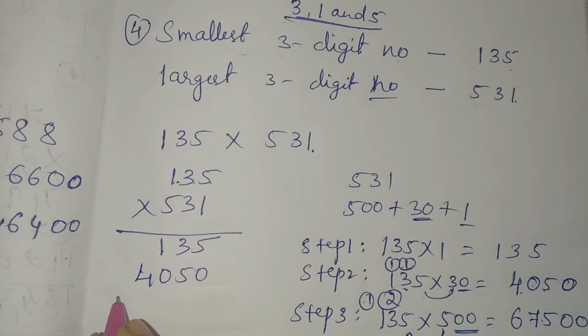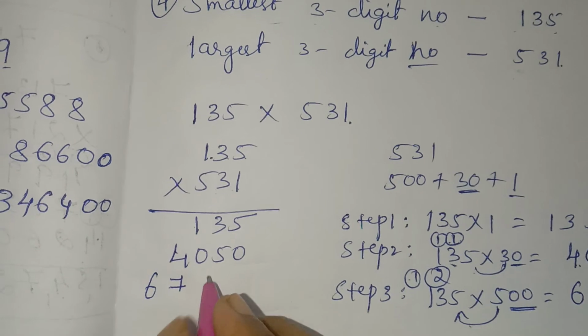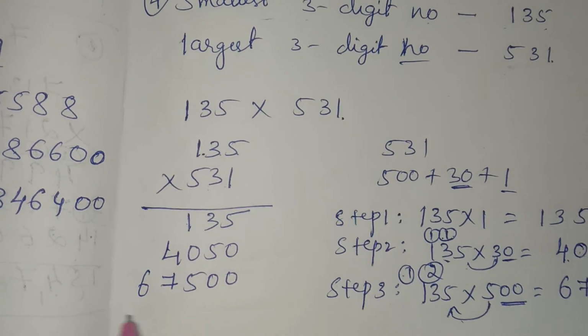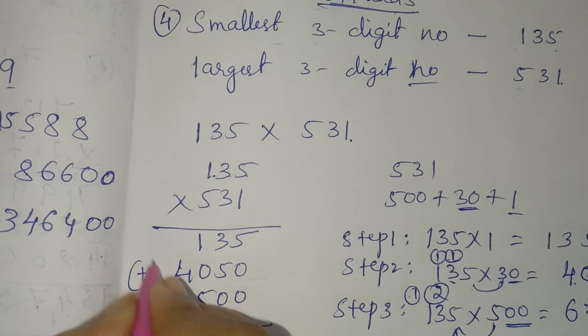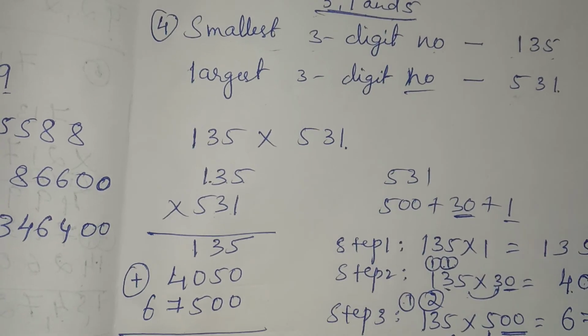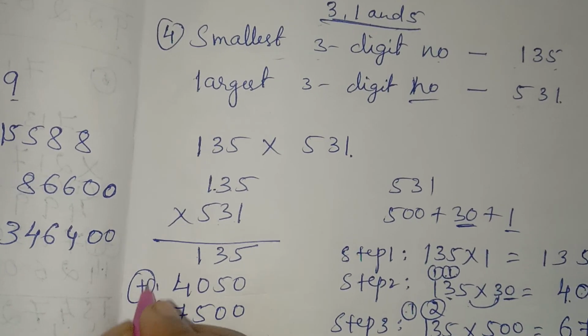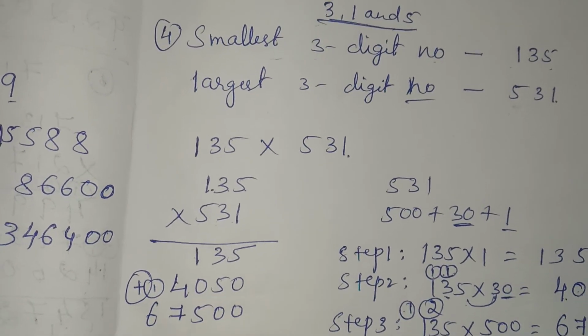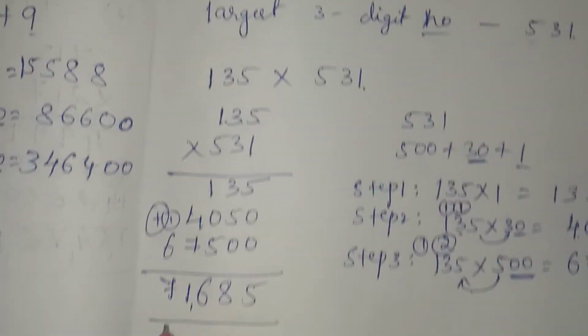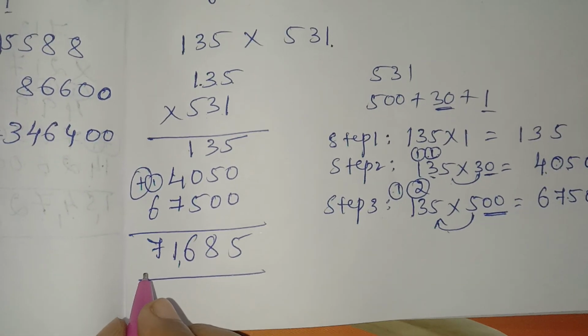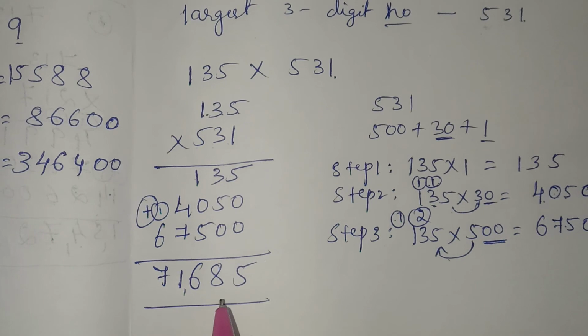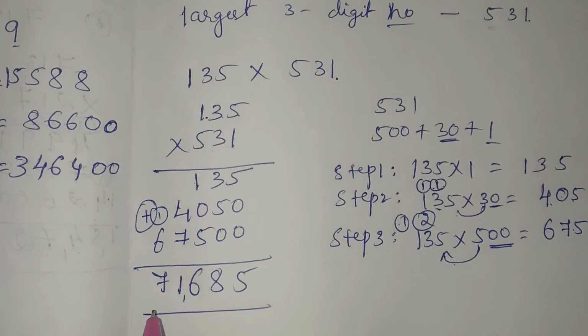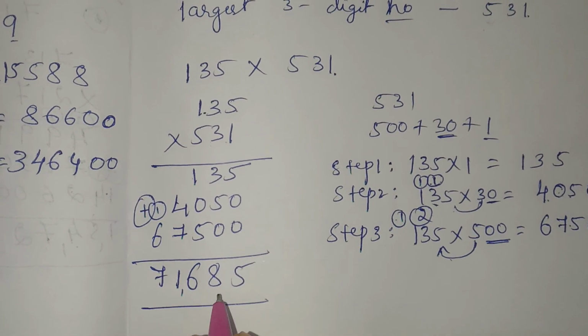Write 67500. Add these three steps. 5 8 6 11 7. I got the product of the smallest 3-digit number and the greatest 3-digit number as 71,685.